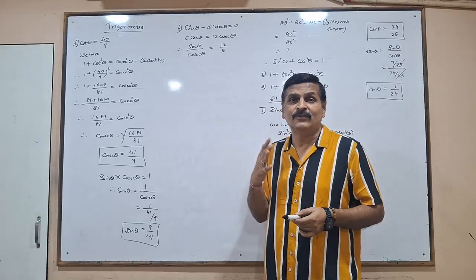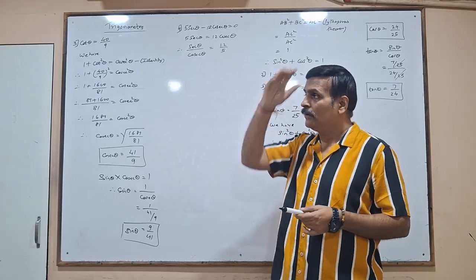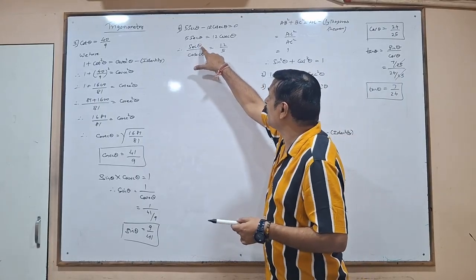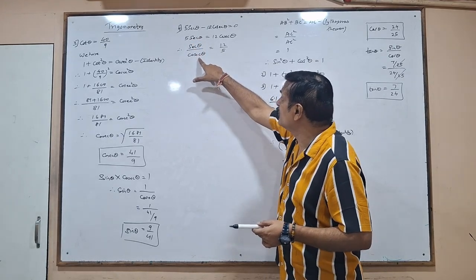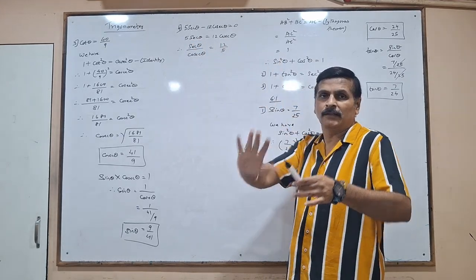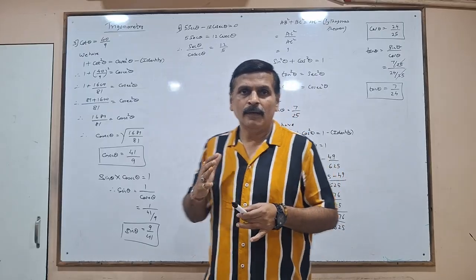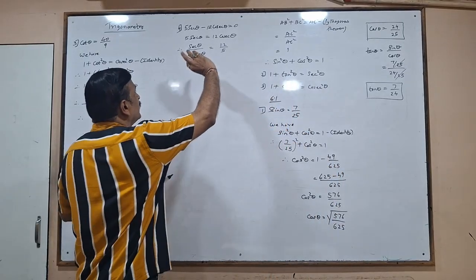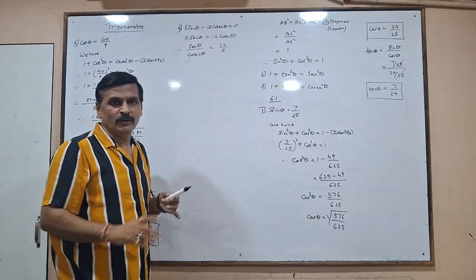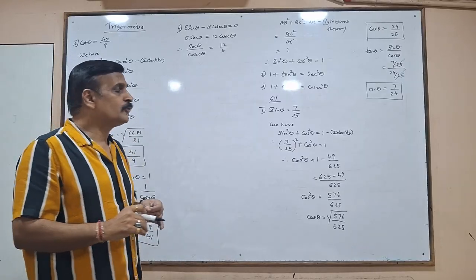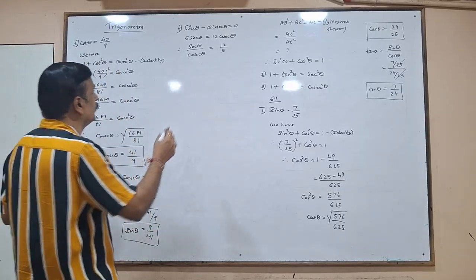That itself tells you whether you have done it right or wrong. See, 5 into sec, 5 sec theta, cosec into 12, 12 cosec theta. So we are right. If you had written it as 5 upon 12, you would come to know there is a mistake. So to avoid this, please cross check.